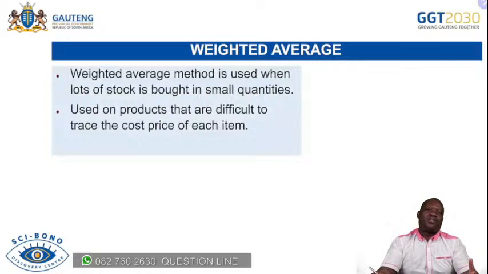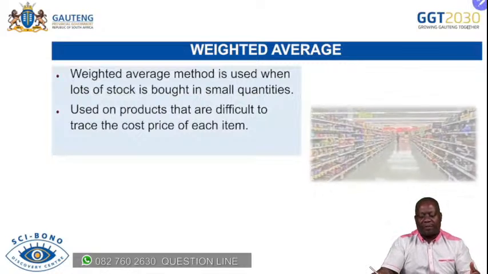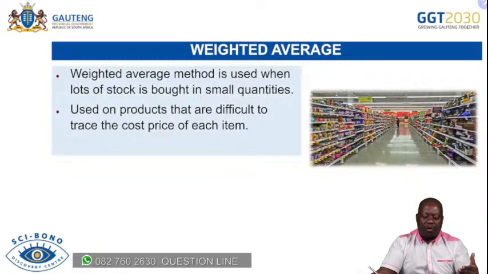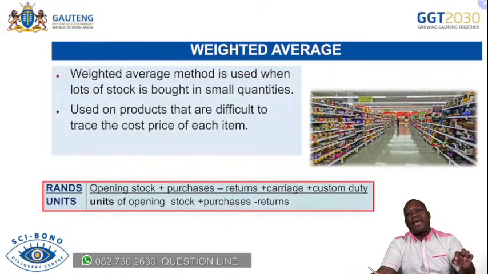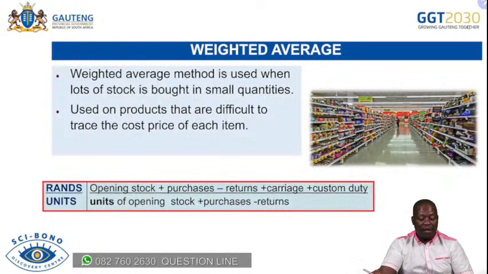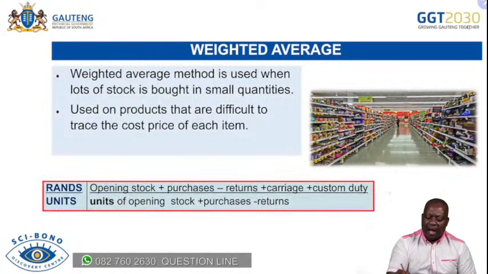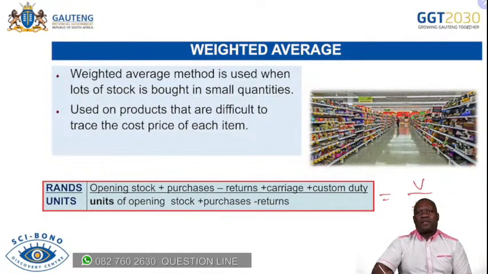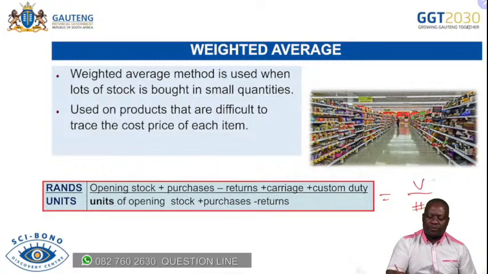Now, please take note, for this to take place, we have got a formula that we have to use. Very important. I usually call this formula the V over hash. The V stands for the value, and the hash stands for the number.